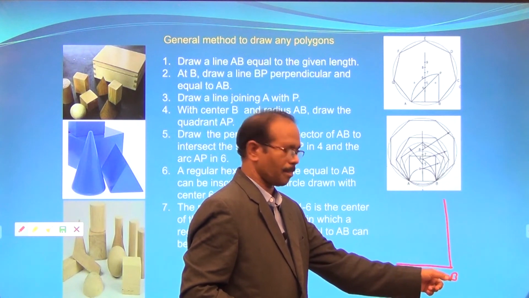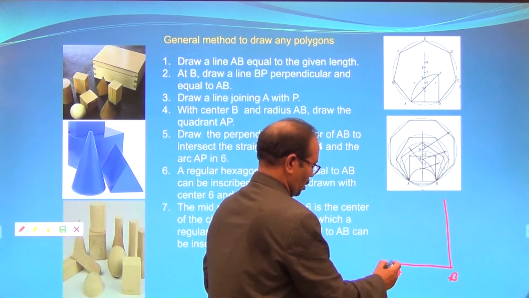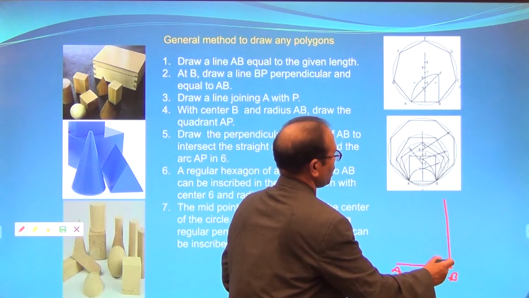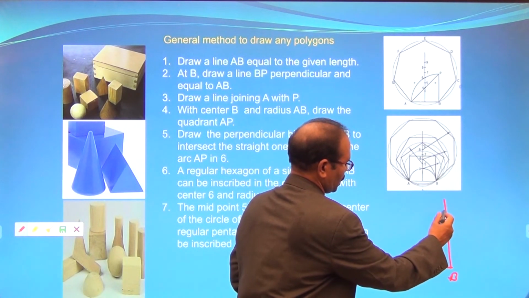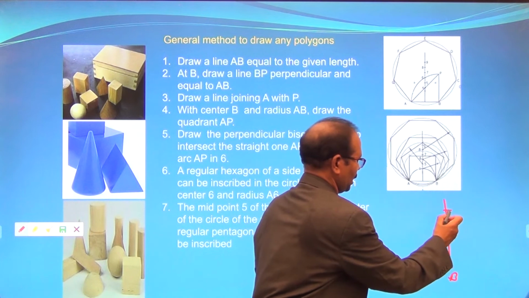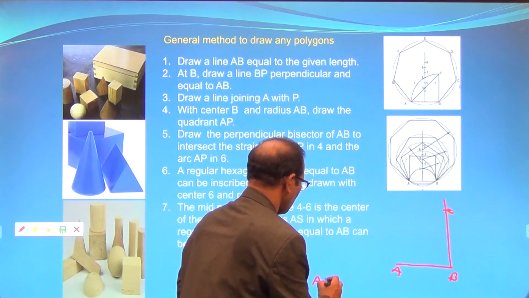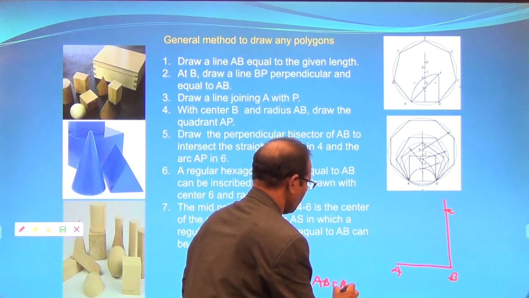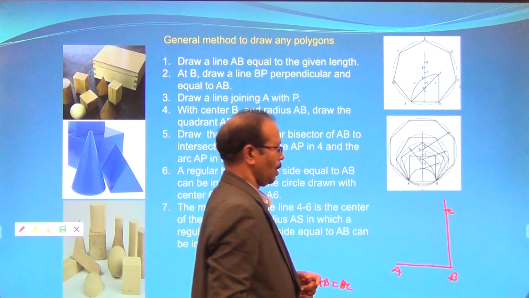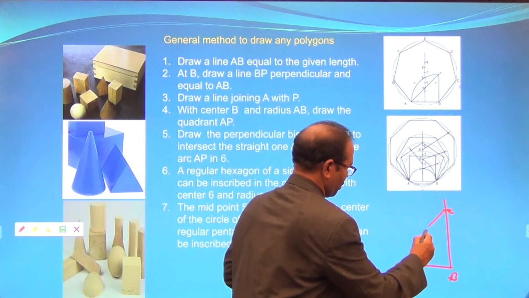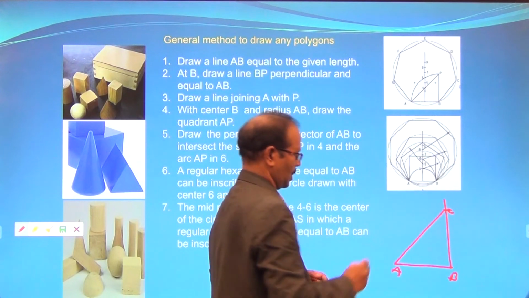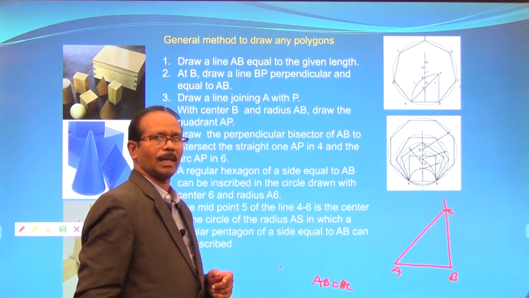Say this is C. Now, what is the rule? AB is equal to BC. Now draw a line.